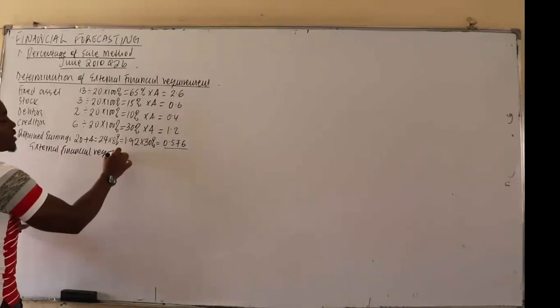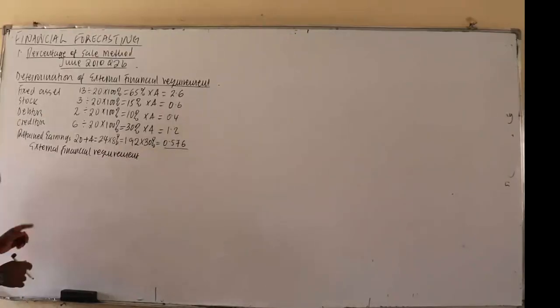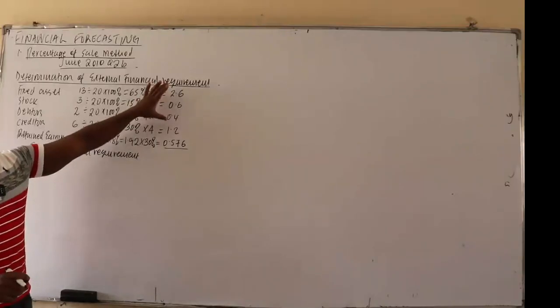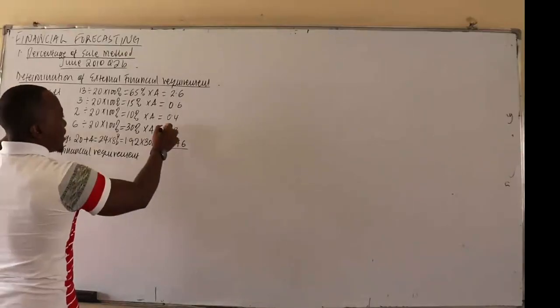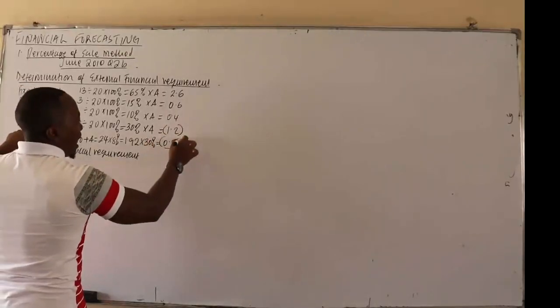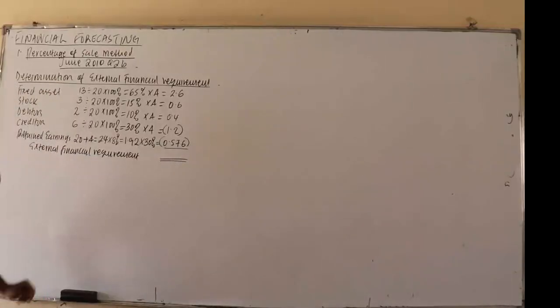This is the amount we expect now to borrow in the coming financial year. How do you get the amount of external financial requirement? You take the increase in asset, minus the increase in current liability as well as the increase in retained earnings. So for the creditors liability, you deduct; retained earnings is an internal source of fund.